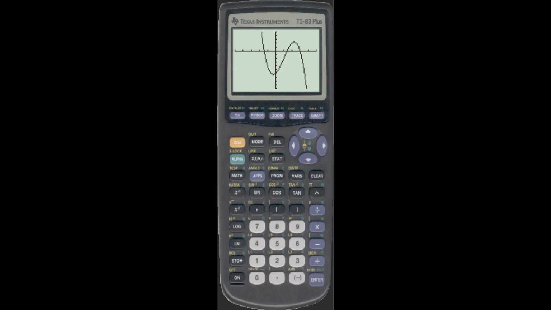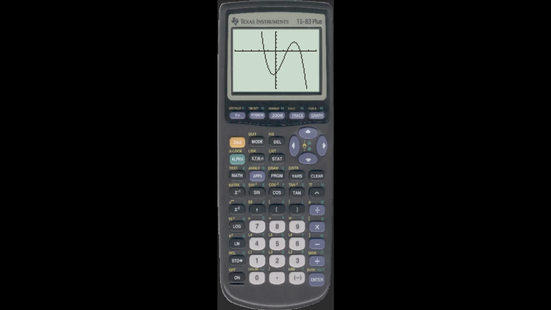Let me know when you have it. The minimum for x is negative 0.29. Okay, agreed. And the y value? The y is negative 12.6. Good. All right.